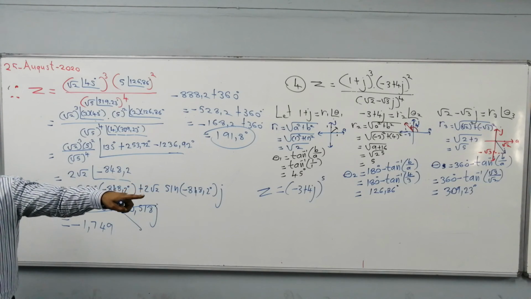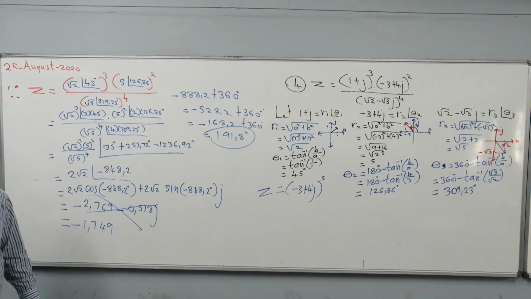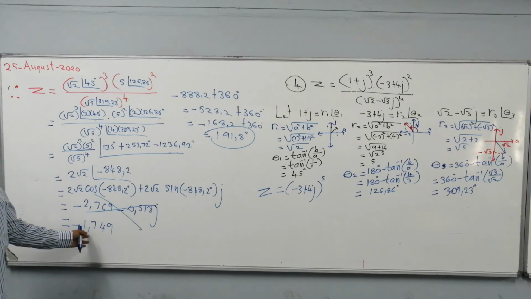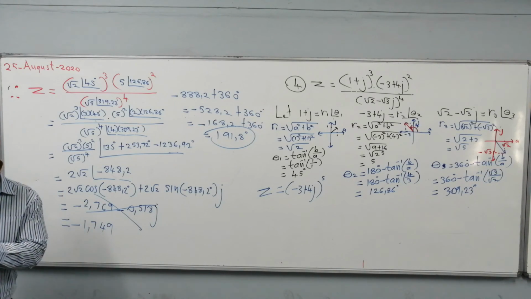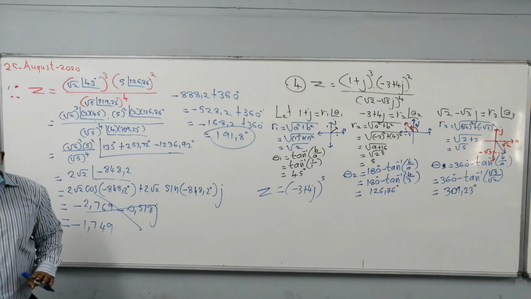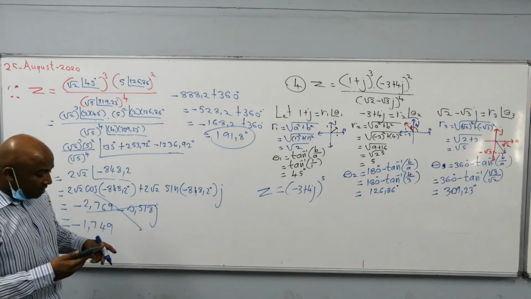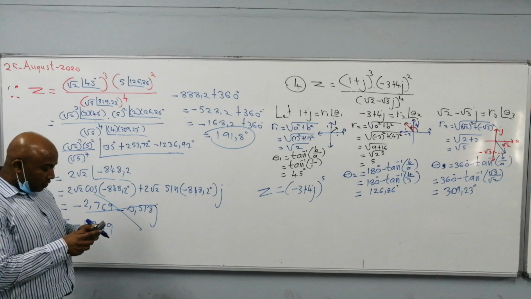We rounded off all our angles there. What was the answer I gave you on the calculator? I told you to write down negative 1.749. It's the same thing. Most of the time a few decimal places will not be the same because of the rounding off.